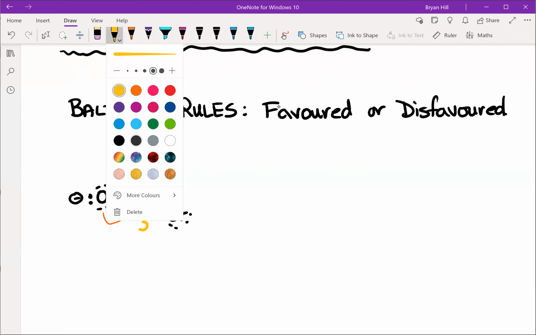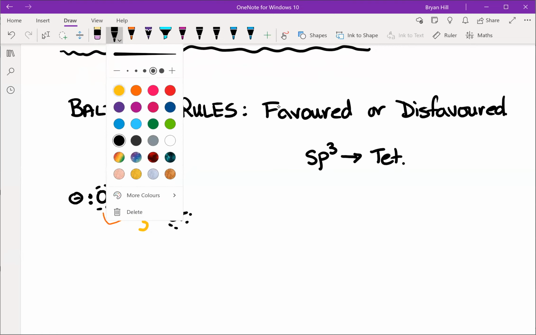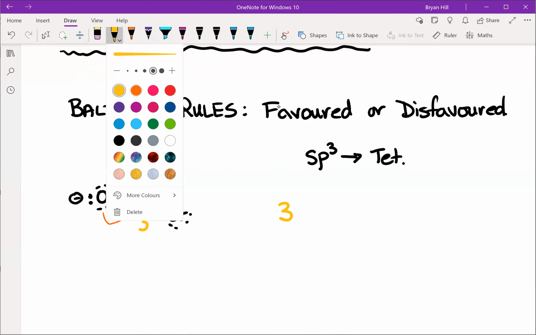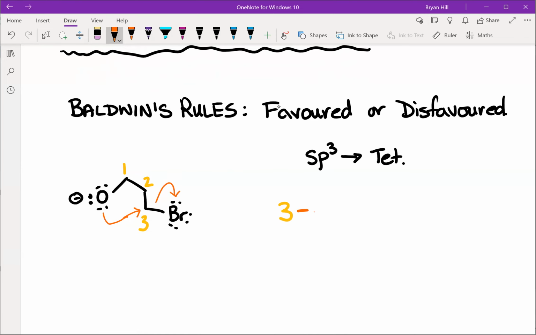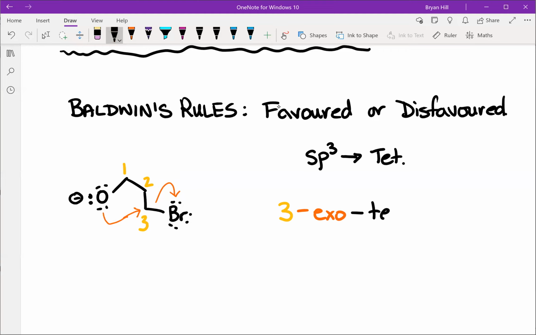I'll just make a little thing here. sp3 carbons are classified as tet in these rules. And so this reaction here would be classified as a 3 exo tet.